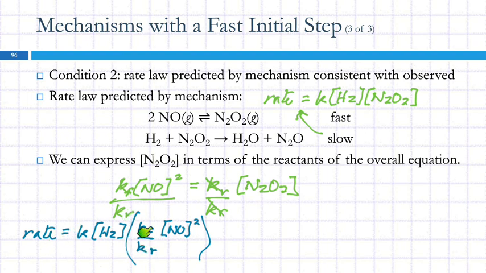We have 3 different rate constants here. We don't need to know these individual rate constants. We can just pull them all out and call them k prime.